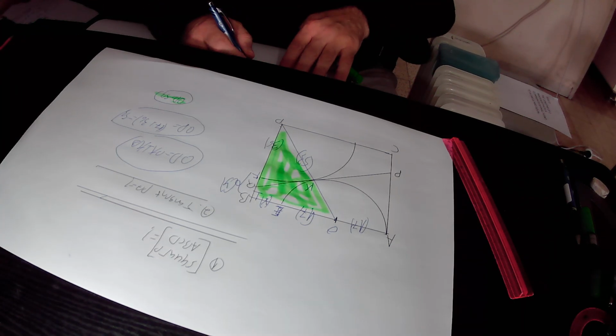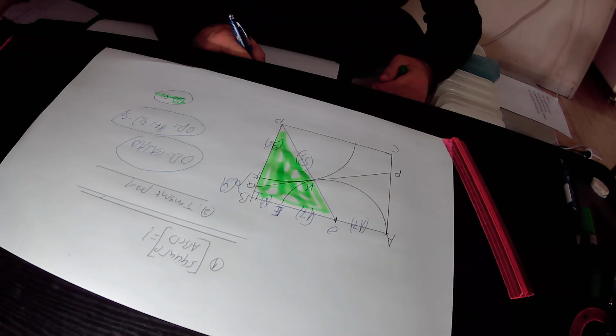So in the right triangle OBD, here by PT is the version for the Pythagoras theorem.